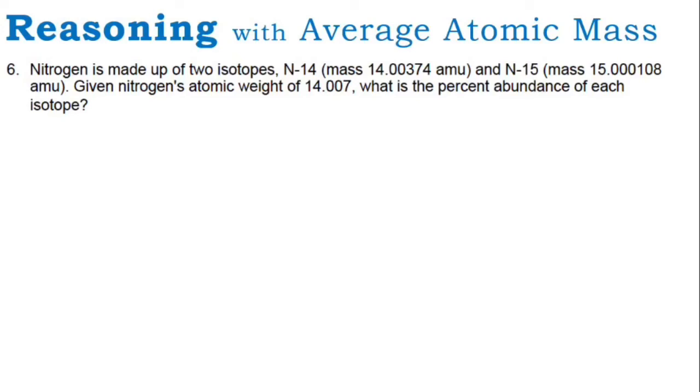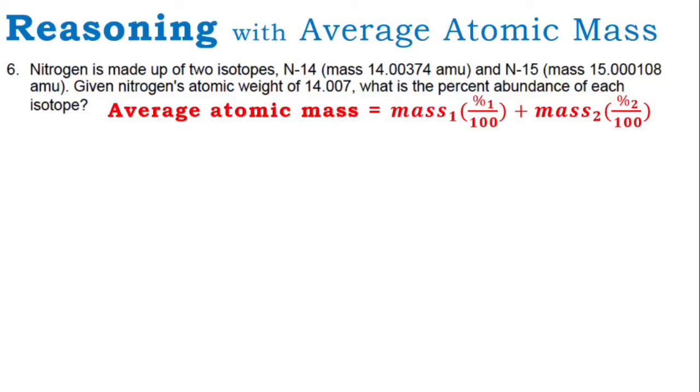So to do this math, first we're going to need a little bit more of a formal equation than what we've been doing with that table. And the equation that I'm putting together here is that our final total average atomic mass for these two isotopes is going to come from the mass of the first isotope multiplied by its percent abundance in decimal form, so taking that percent, dividing it by 100, and then of course adding the other isotope's mass times its percent abundance divided by 100.